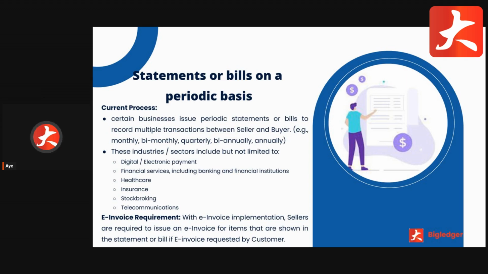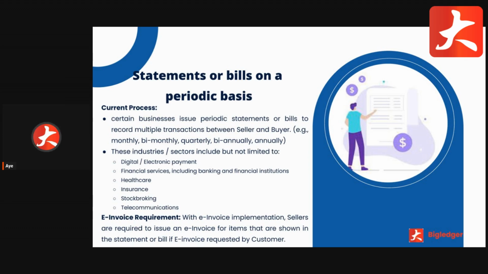There are some industries or sectors, but it's not limited to these; this is just an example: digital electronic payment, financial services including banking and financial institutions, healthcare, insurance, stockbroking, and telecommunication. They usually issue the statement or bills on a periodic basis.